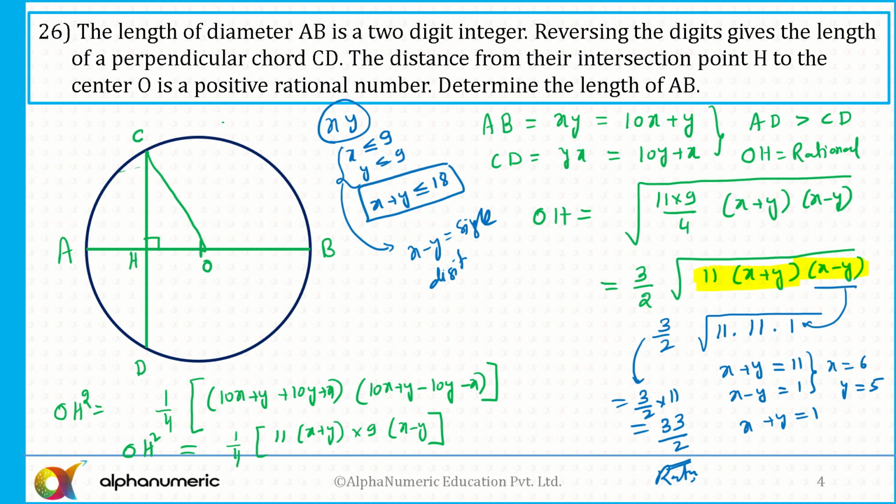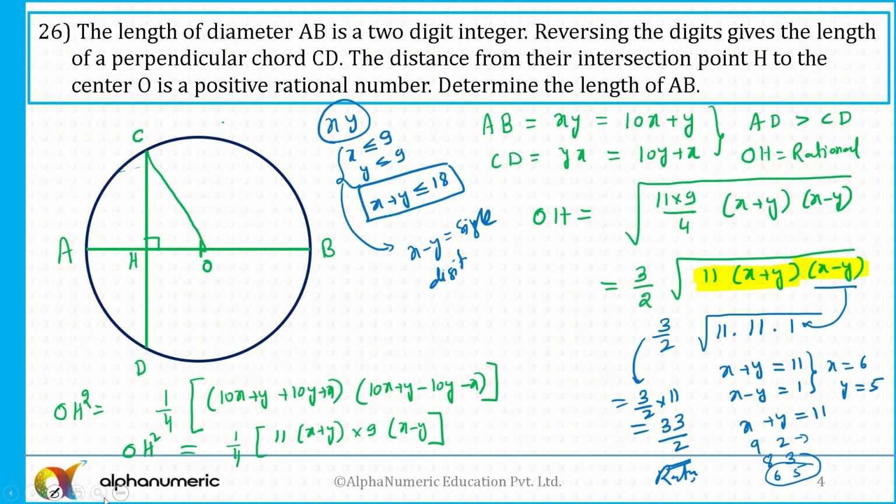I can say 9 and 2, but 9 minus 2 is 7, which is not a perfect square. Then 8 plus 3 is 11, but 8 minus 3 is 5, which is not a square. Then I take x and y as 6 and 5. So 6 minus 5 is a square here. That's why the only possibility here is 6 and 5, so x is 6 and y is equal to 5.